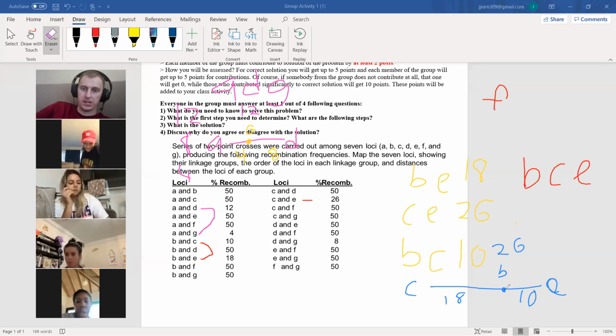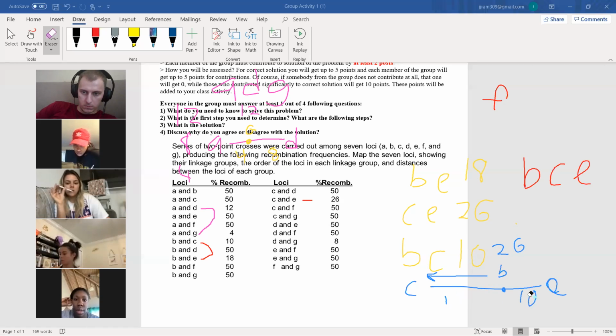What's your guys' take here? Oh, wait, no, B to C is 10. I think you have B to E being represented as 10, so we need to switch it. B to E is 18, and B and C should be 10, right? Okay, so I'll change my numbers to 10 and 18, and I need to move the dot.